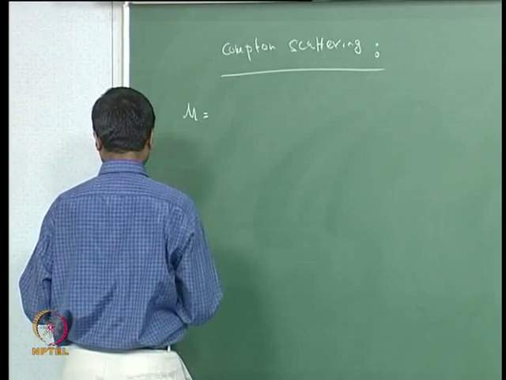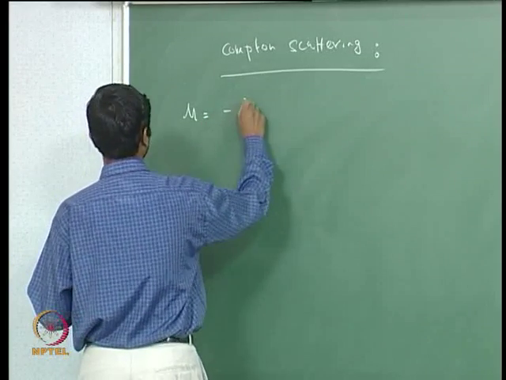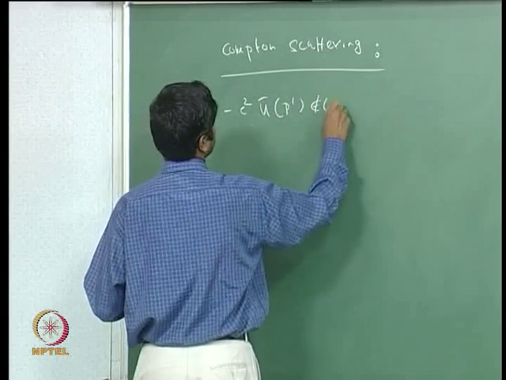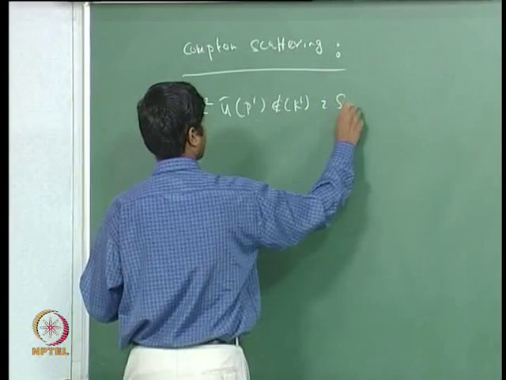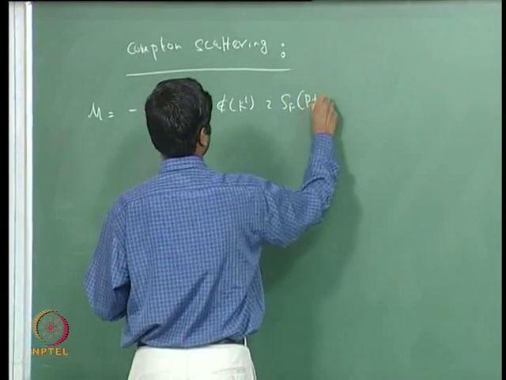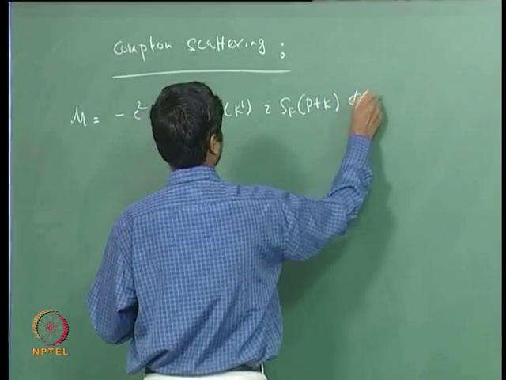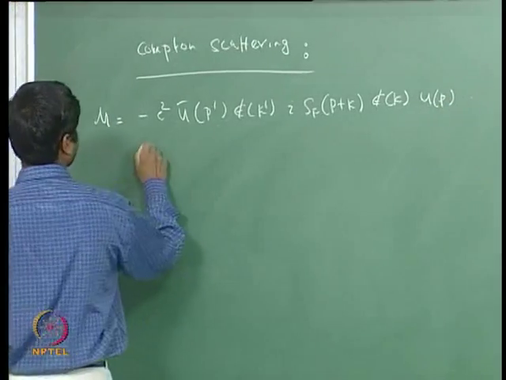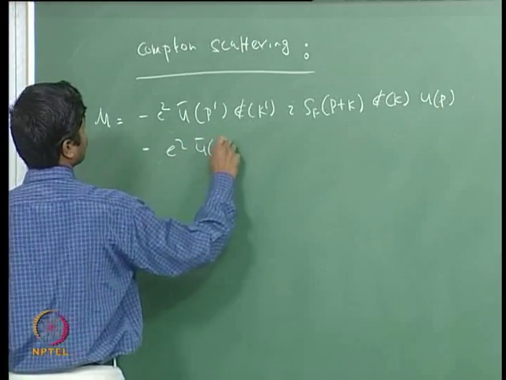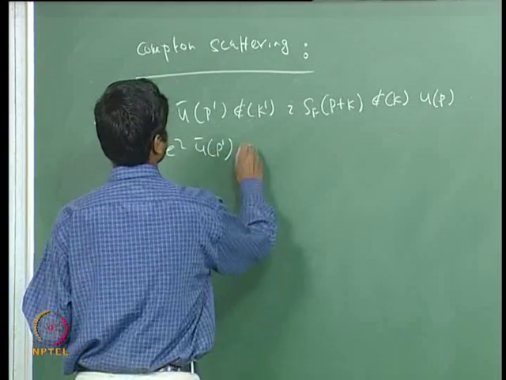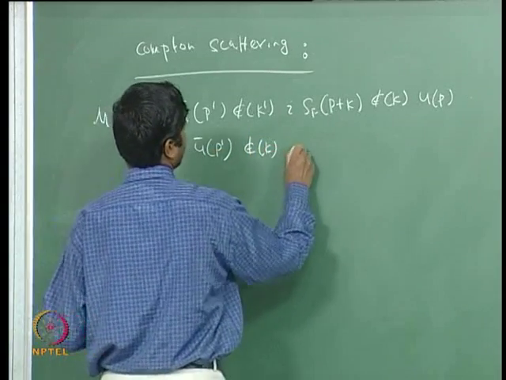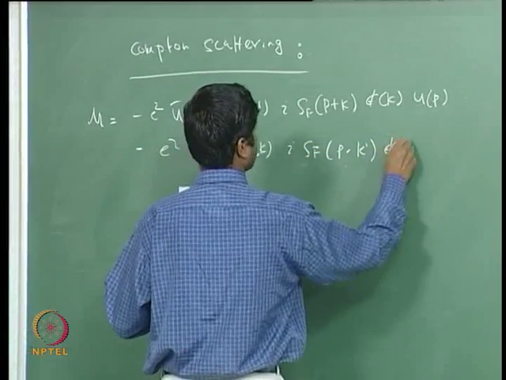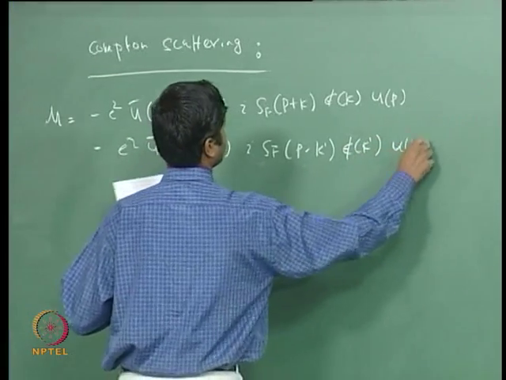It is given by minus e square u bar p prime epsilon slash k prime i S_F(p plus k) epsilon slash k u of p, minus e square u bar p prime epsilon slash k i S_F(p minus k prime) epsilon slash k prime u of p.